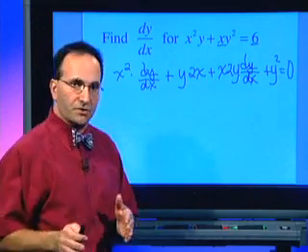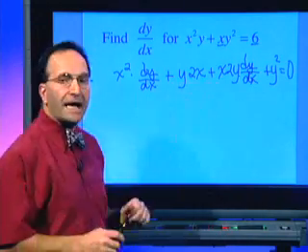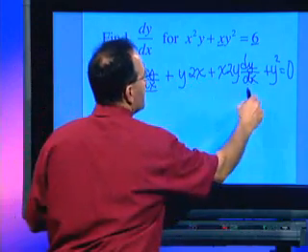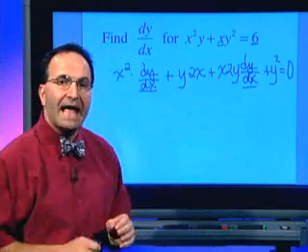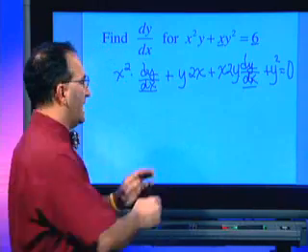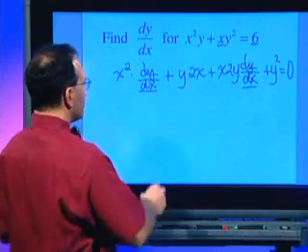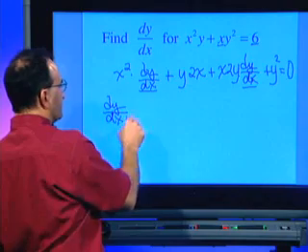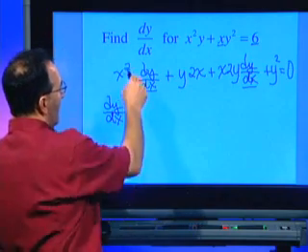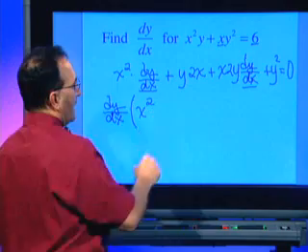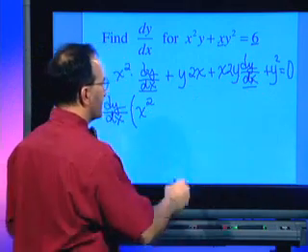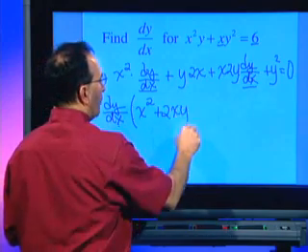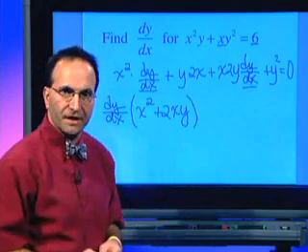So now what we want to do is rearrange this equation so that we can get the dy/dx terms together and anything that does not include dy/dx to the other side. So what we have is dy/dx times x squared plus 2xy, in parentheses.